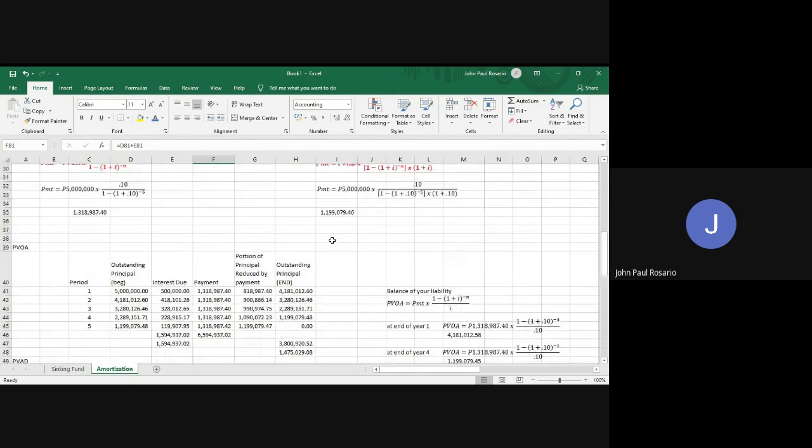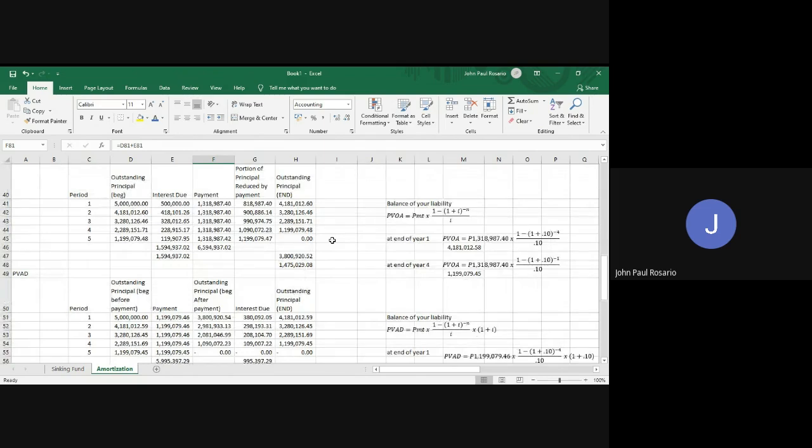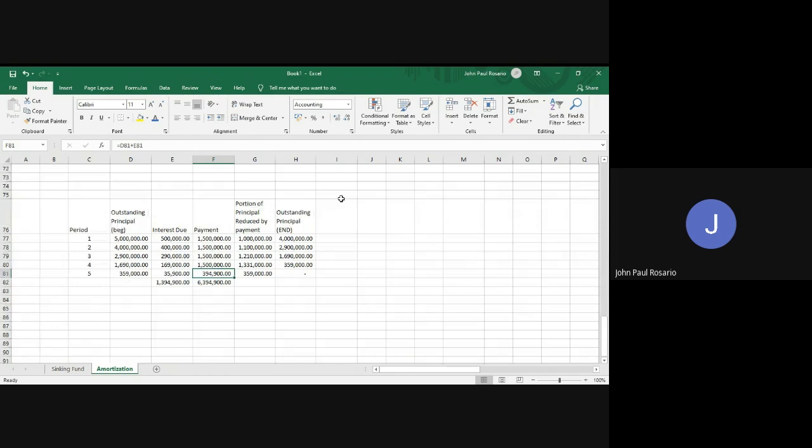By the way, guys, when it comes to amortization, it's the essence of amortization, you can solve it this way, not only using the table. There is an alternative for this one para makuha niyo ang outstanding principal. Alternative solution.